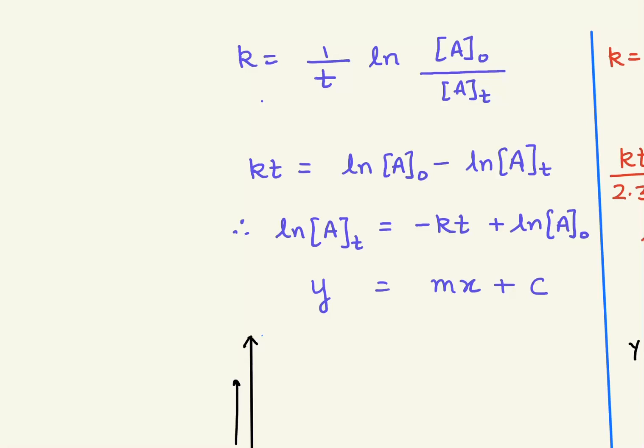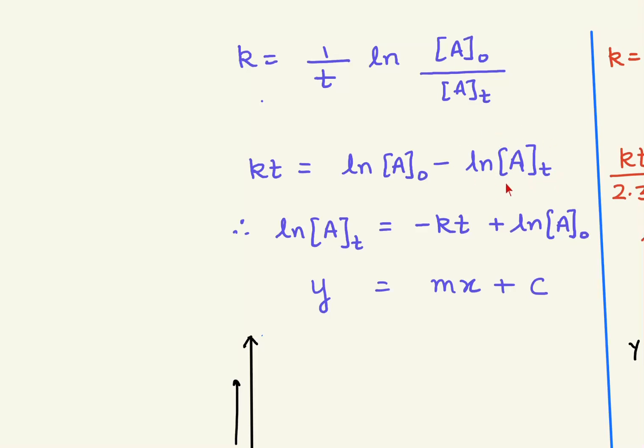So you have over here k is equal to 1 by t natural log of a naught upon a t. This is the first form of the integrated rate law equation that we had put. I'm going to rearrange it. So kt is equal to natural log of a0 minus natural log of at.